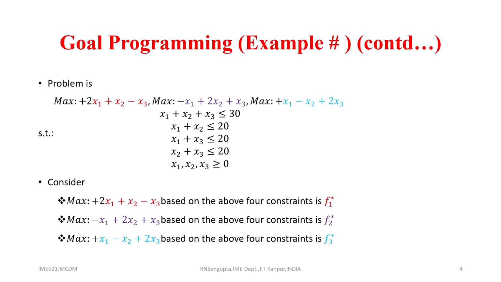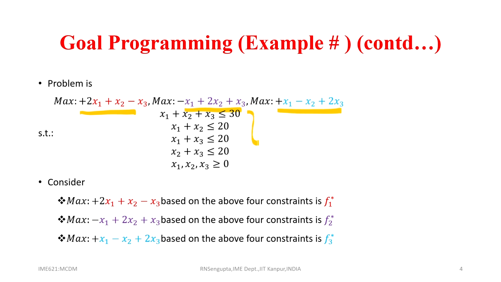We will continue the same logic for the second problem solution and the third problem solution. So, the 3 objectives are F1 in red, F2 in violet, F3 in blue.